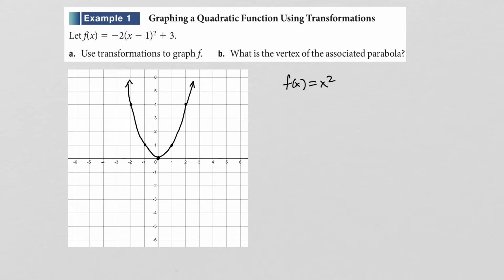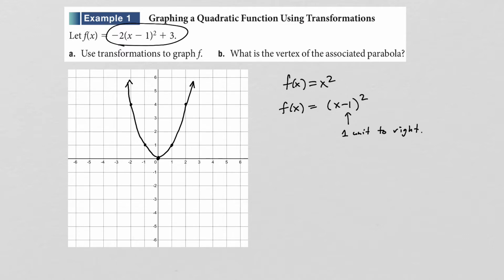So when we're graphing this function here, we're going to do the transformation step by step. So first of all, we would just ask, what would the function f of x equals (x minus 1) squared look like? And we should remember that when you have x minus 1, that is going to shift the graph 1 unit to the right.